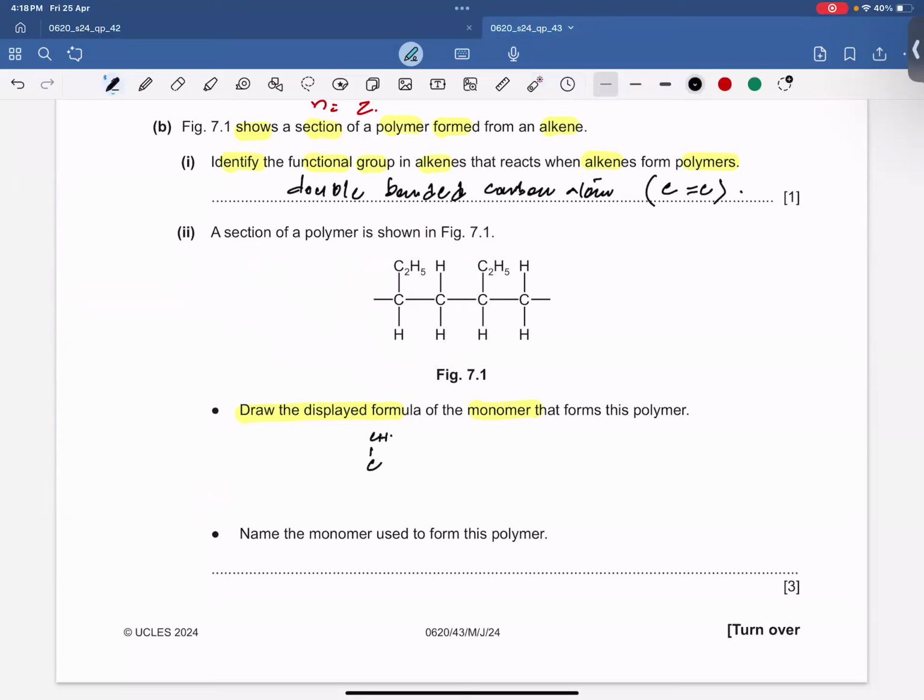Oh my goodness, this is going to be the toughest one now because the examiner wants the displayed formula. Hold on. Displayed means you need to mention all the bonds and all the atoms.